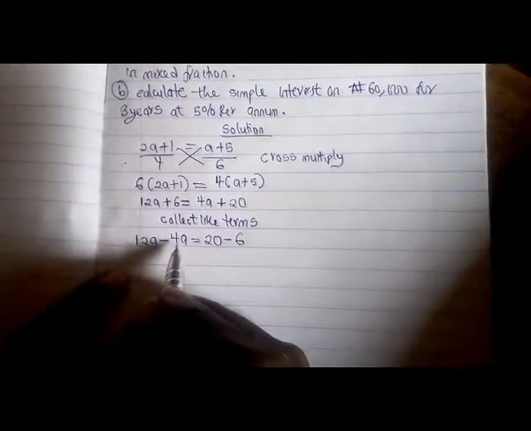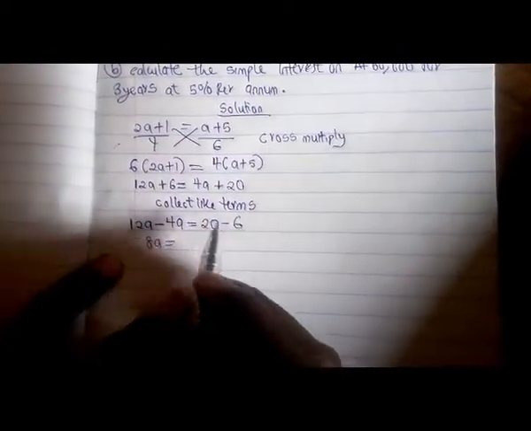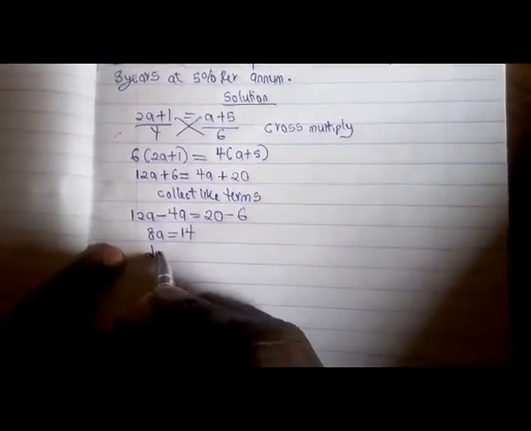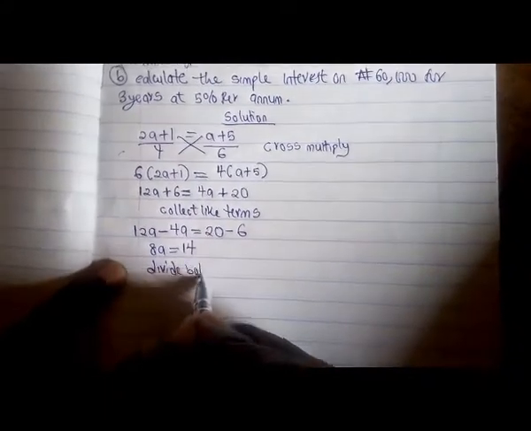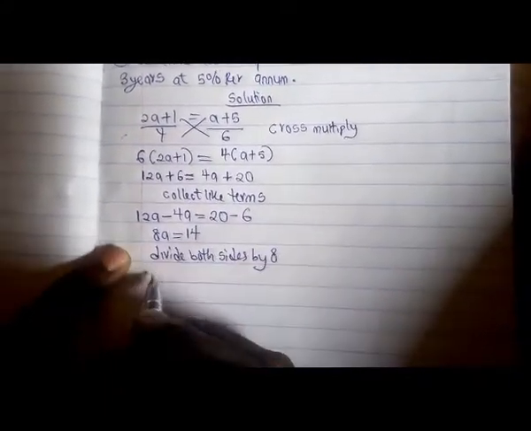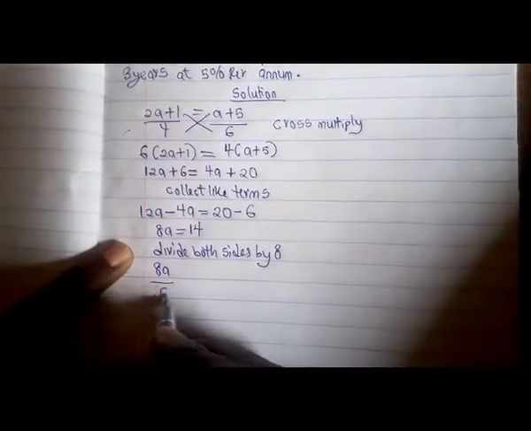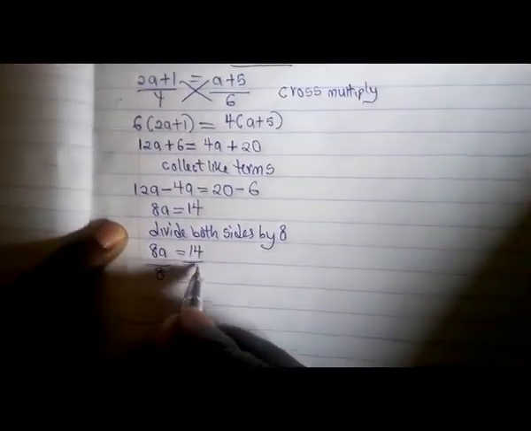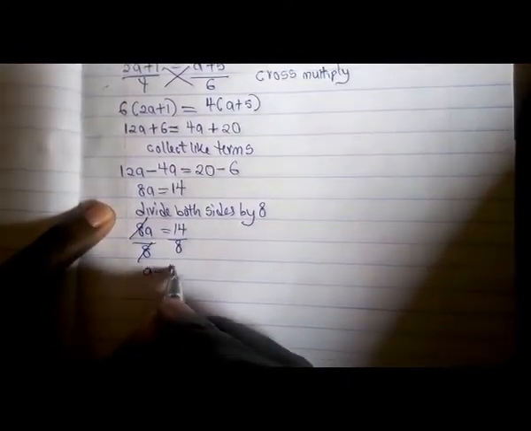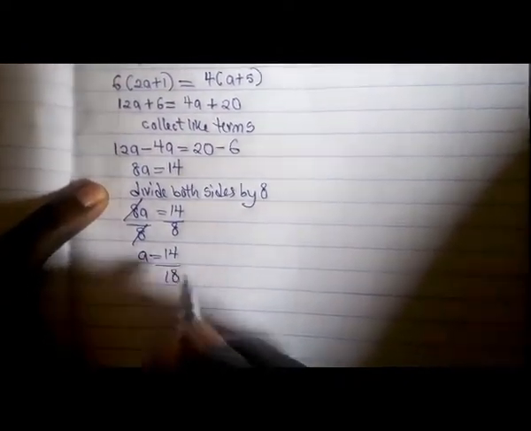Therefore, 12a minus 4a is 8a, and 20 minus 6 is 14. We now divide both sides by 8: 8a over 8 equals 14 over 8. 8 cancels 8, therefore a equals 14 over 8.